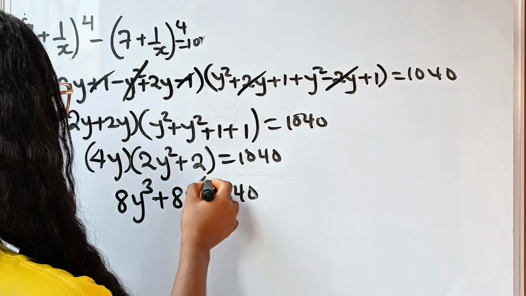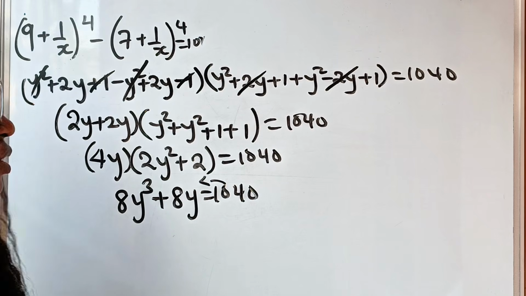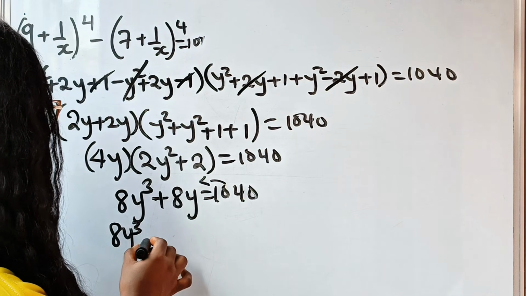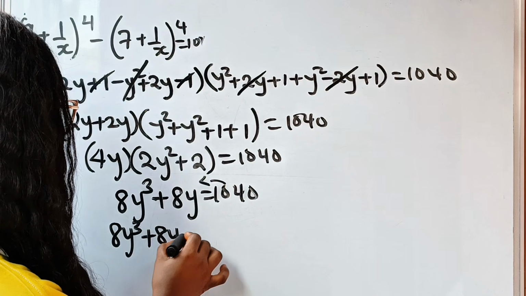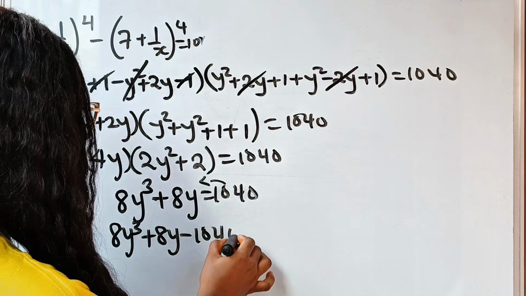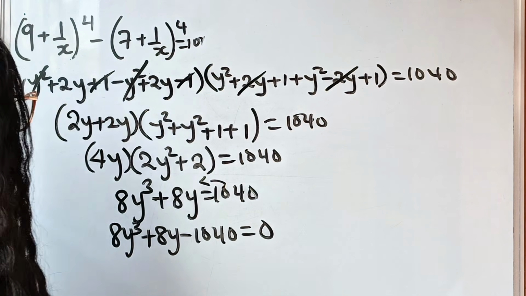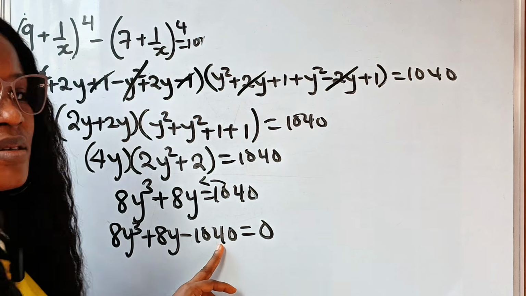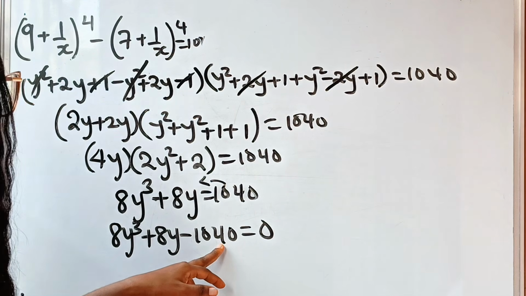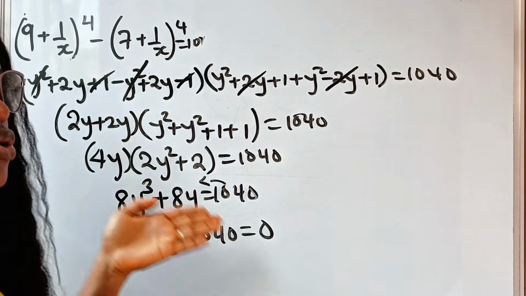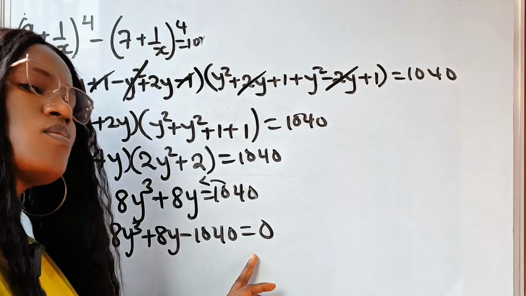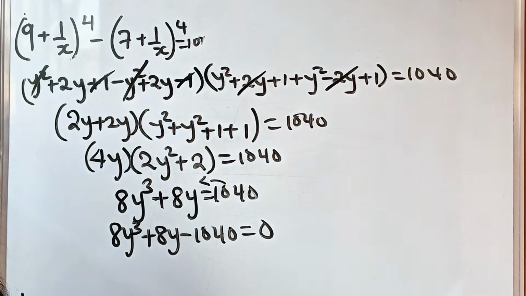Now let us bring this to the other side of the equation. If we do that, we have 8y to the power of 3 plus 8y minus 1040 is equal to 0. Okay, we can see that 8 can divide this. Yes, so let's go ahead and do so that we will reduce this to smaller numbers.